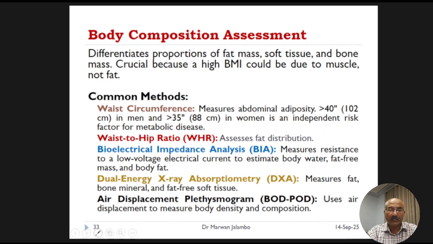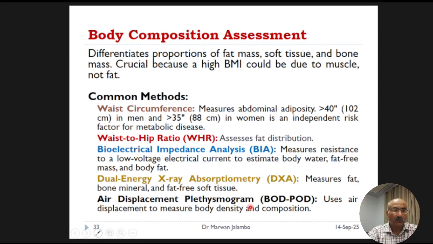More sophisticated methods are also available. Bioelectrical impedance sends a low voltage electrical current through the body, since lean tissue conducts electricity better than fat tissue. It can estimate the body composition.